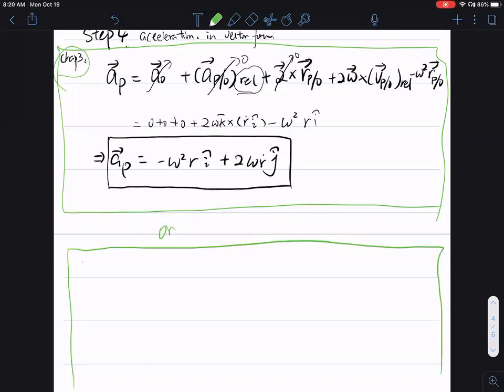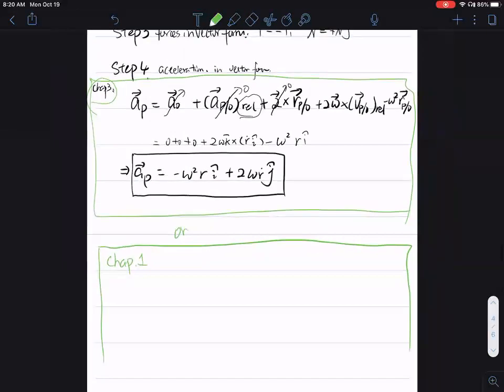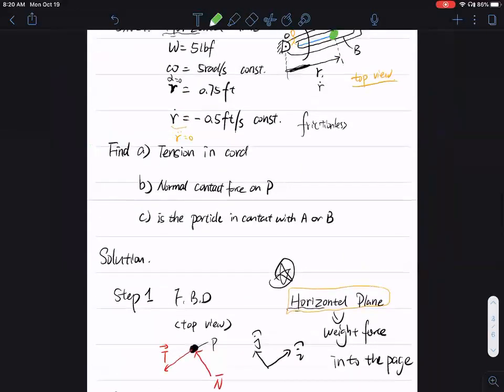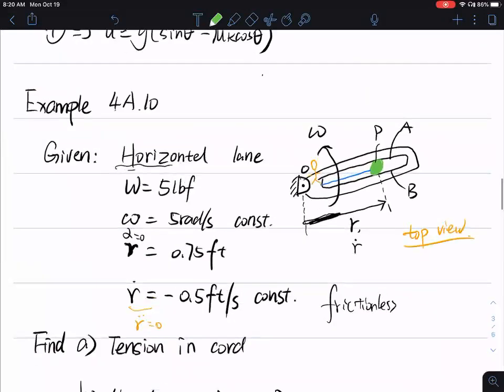We can also use chapter 1. The equation we learned from chapter 1 to solve what is acceleration. If we come back here in this plot, particle P is moving inside of something that is rotating.